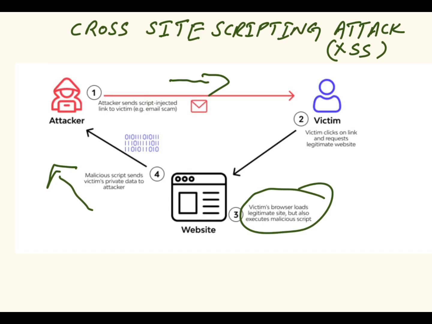So both methods can be used, CSRF, which we discussed in our previous video, and XSS. In the beginning of this video, we discussed the difference between these two attacks. In both methods, they can be used to steal money. One is an indirect method and another one is a direct method.